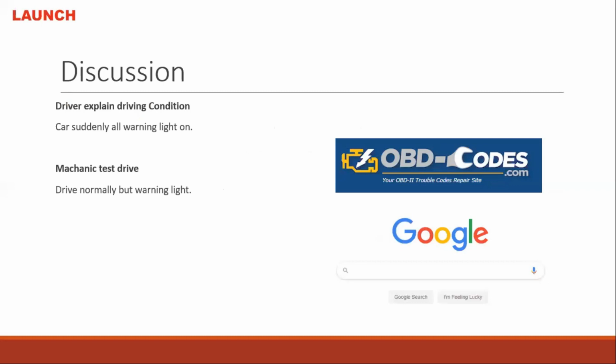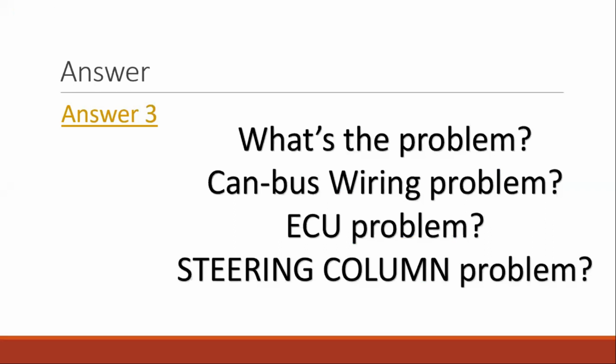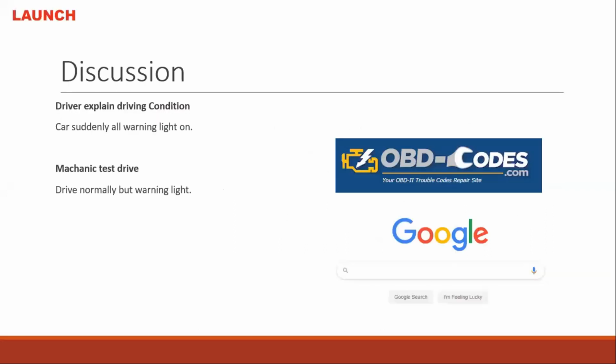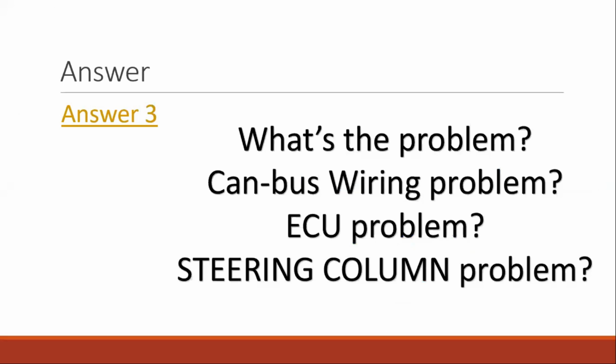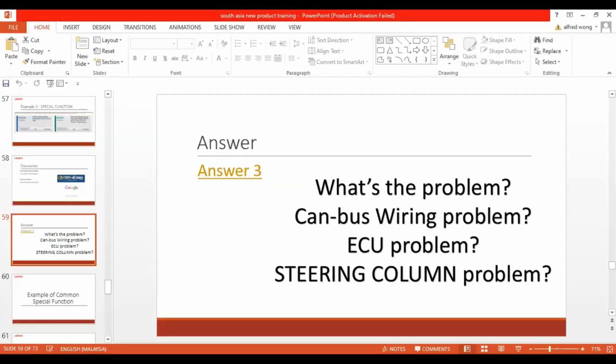The mechanic should test, sure, after listening to the driver's complaint. So this is the third special function. I will show you how we do this special function. Okay, let me play the video.